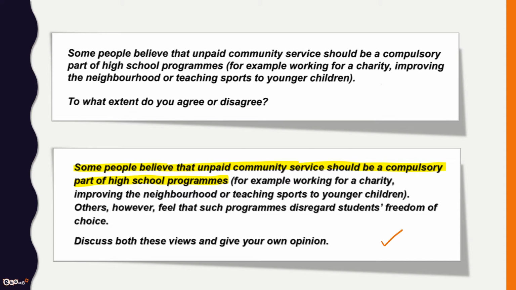That's one view, one side of the coin. What's the other view? The one highlighted in aquamarine is the other side of the coin. Others, however, feel that such programs disregard students' freedom of choice. And the task statement says, discuss both these views and give your opinion.